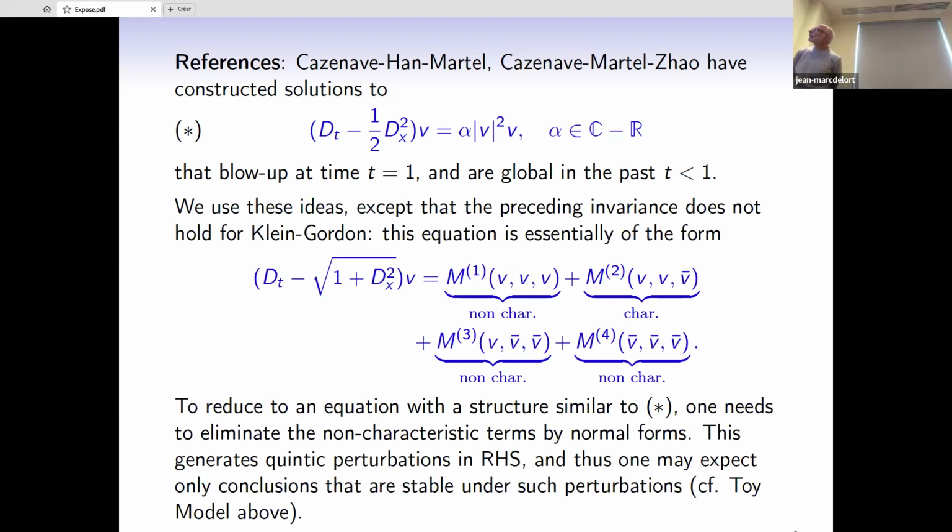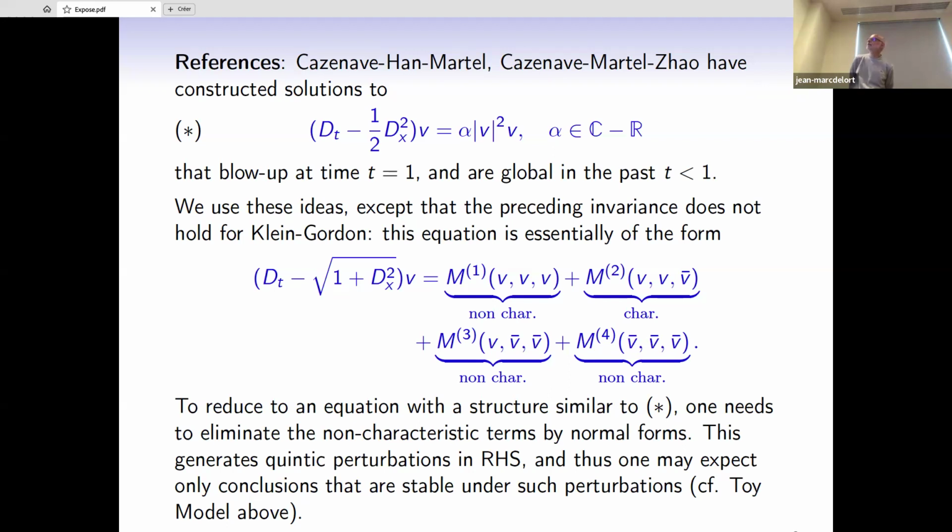Let me rewrite our Klein-Gordon equation as a first order equation. So the Klein-Gordon equation is a second order scalar equation. We may write it as a first order system, and introducing a complex valued unknown, we may write it equivalently also as a scalar equation, but with an unknown v, which is C valued.